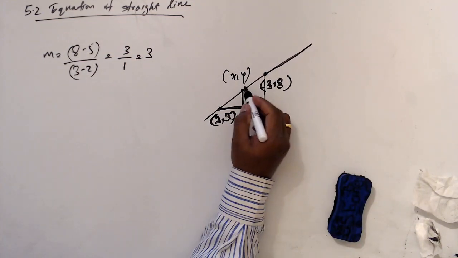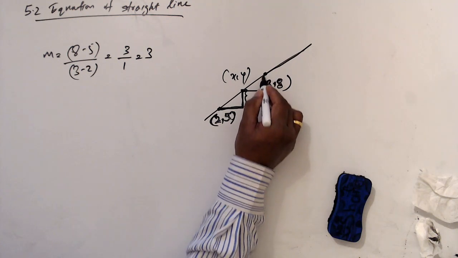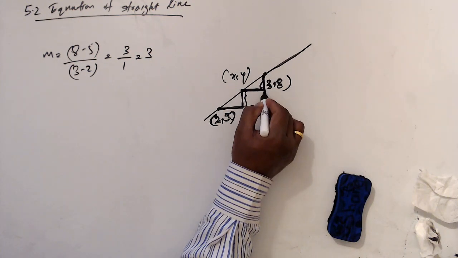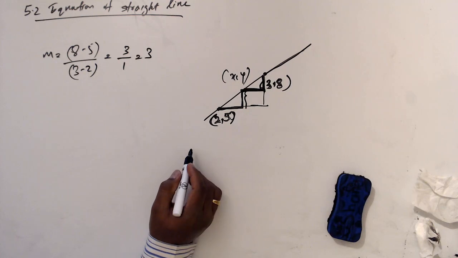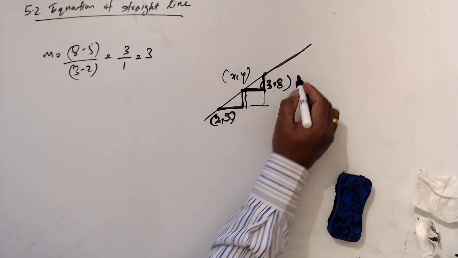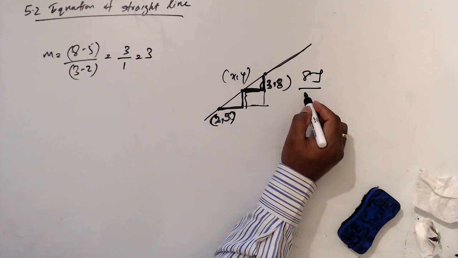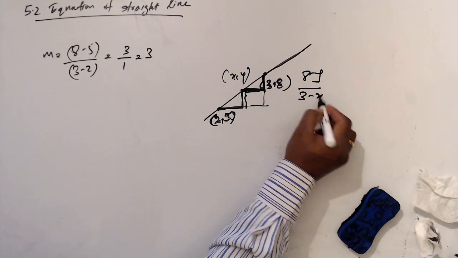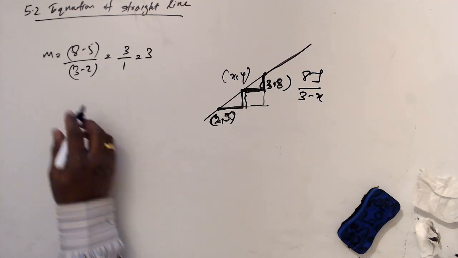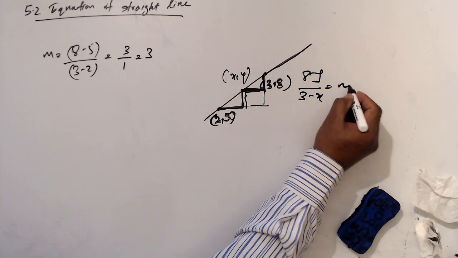If you take x and y here, you can consider this triangle as well. Then this height is 8 minus y, and this length is 3 minus x. Then you can write, still this is m.